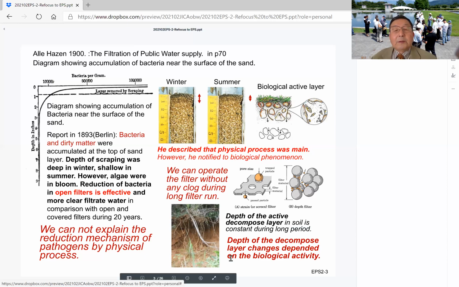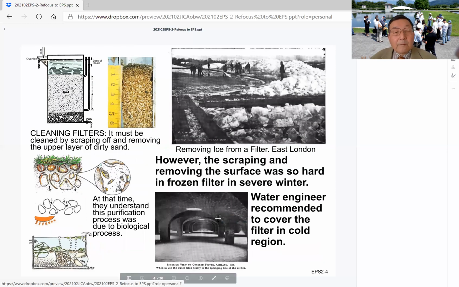In cold regions this depth is deep, but in tropical regions this biological layer is very shallow. And cleaning: if the filter is clogged, we have to remove the clogged material near the surface.